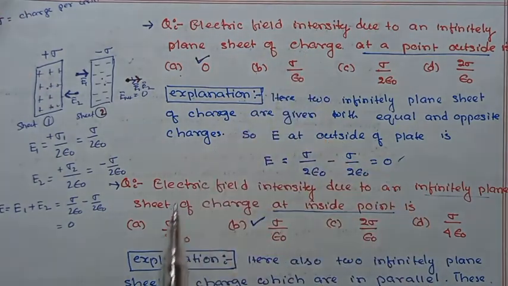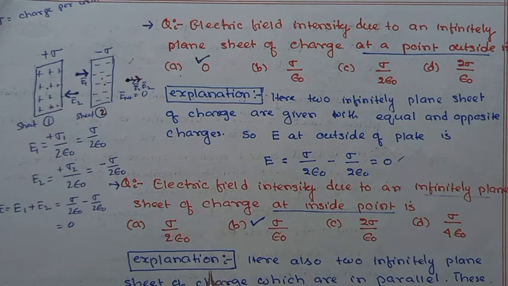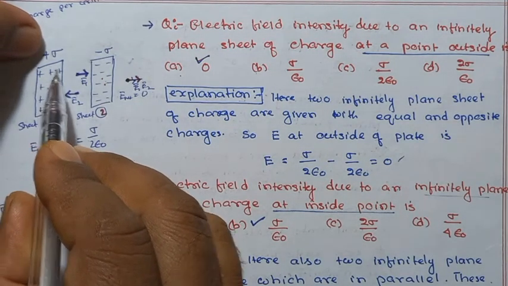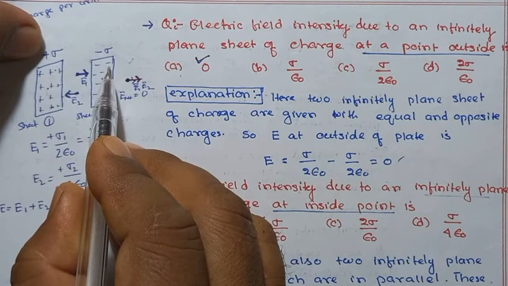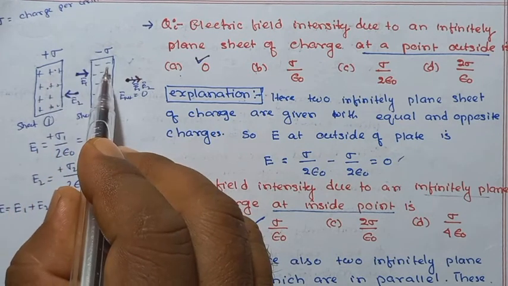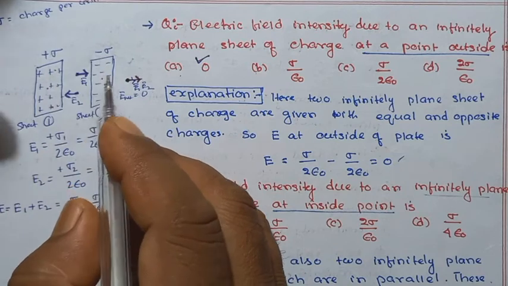But here both sheets are charged with equal and opposite charge. So this is plus sigma, then this will be minus sigma. Here positive charge given, that means it is negative charge.